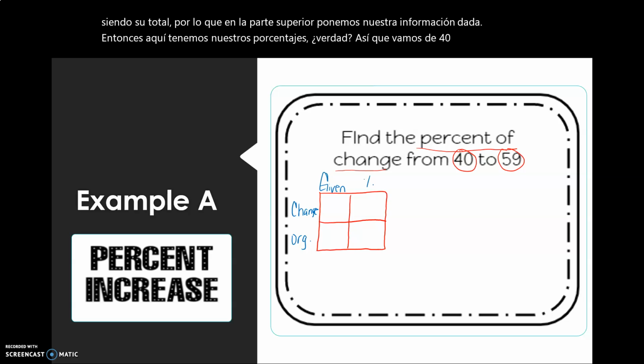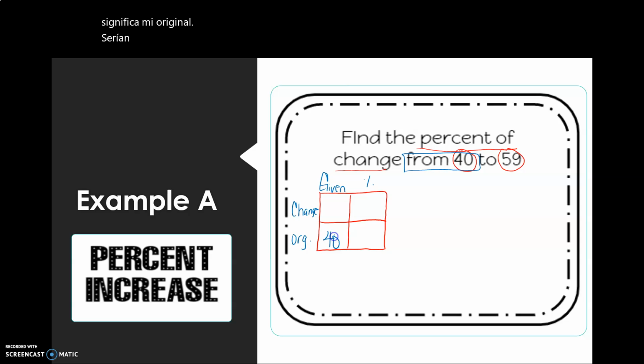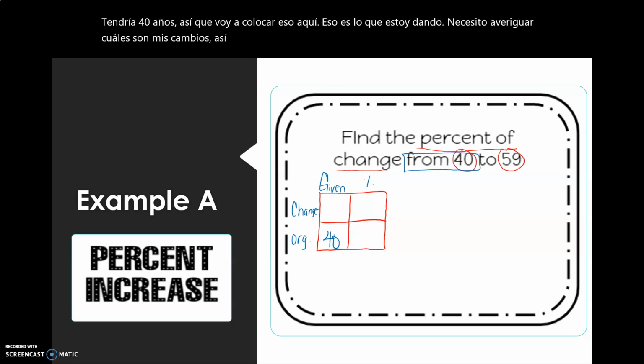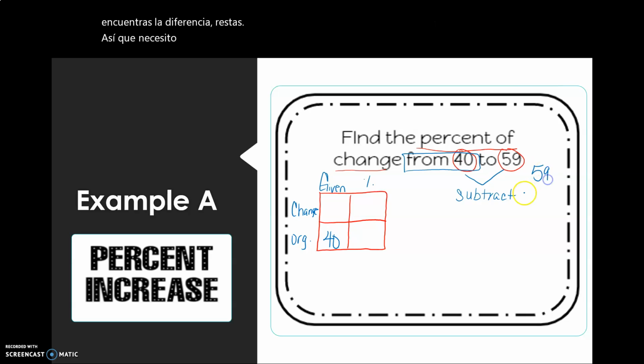So that means my original would be 40. So I'm going to place that here. That is what I'm given. I need to figure out what my change is. So I need to figure out what the difference is. And remember, when you find the difference, you subtract. So I need to figure out what 59 minus 40 is.